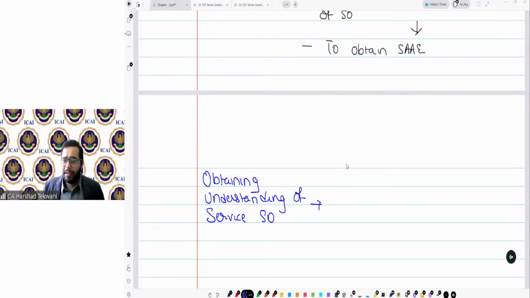We have already seen how to obtain understanding through the various examples we have discussed till now, like the payroll processing example. Also, on whether the services are significant or not, we have seen some criteria.